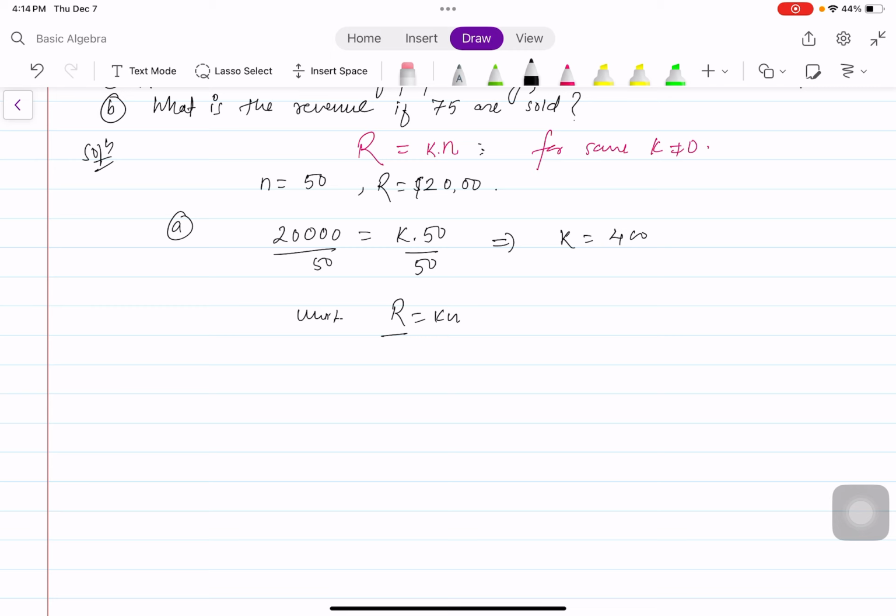When you divide both sides by n, you get k equals R over n. So whatever the respective units, revenue is dollars and the number is bicycles. So dollars per bicycle is the unit.